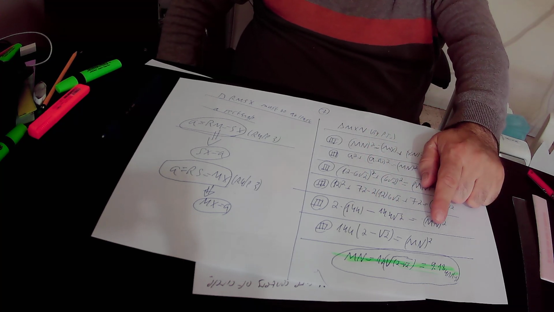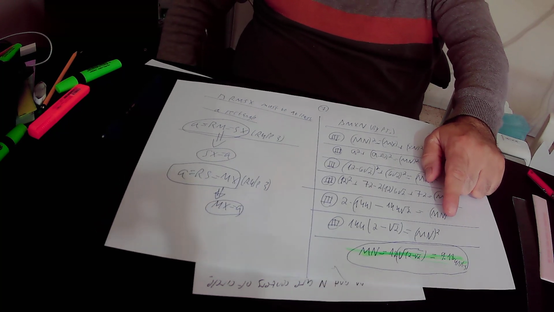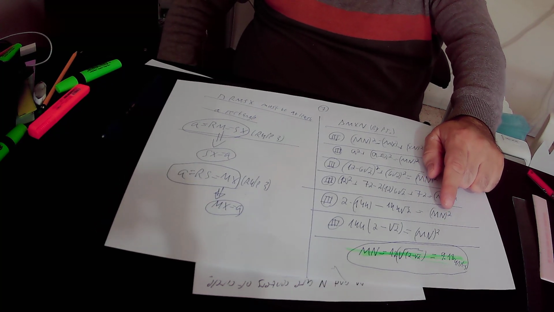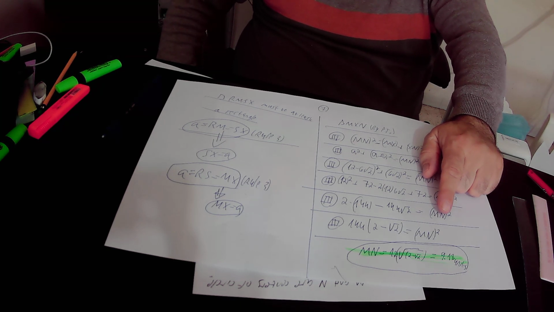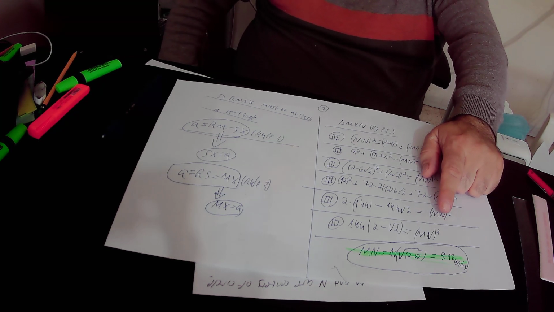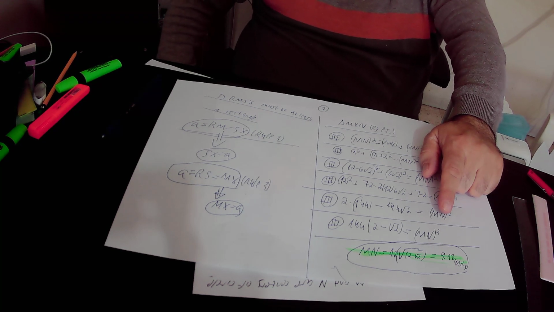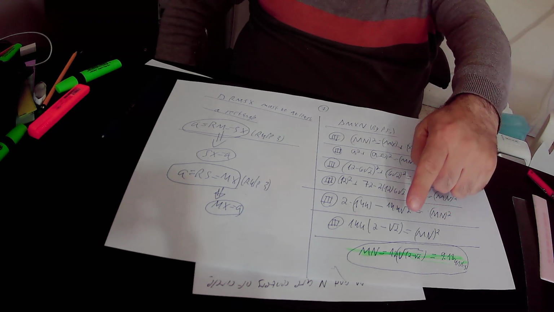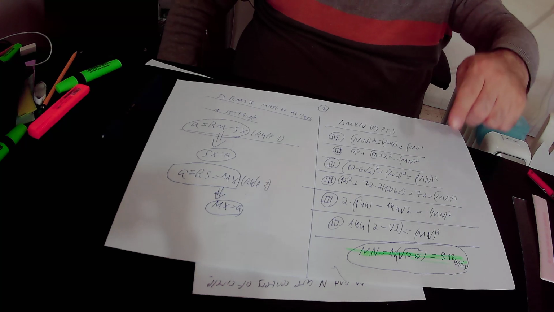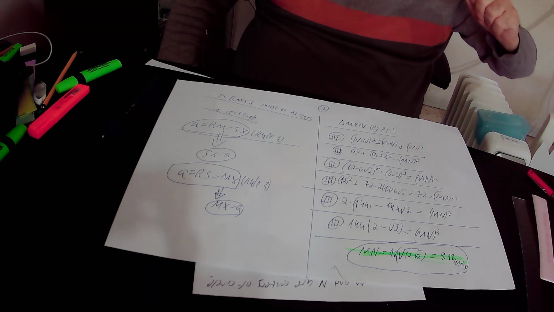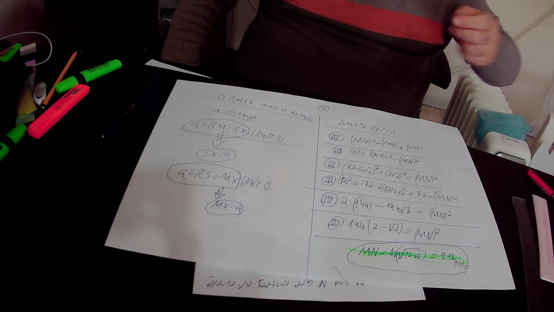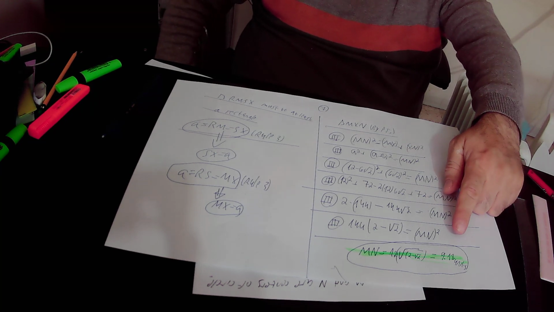We took the root of equation number 3, and we found that MN, the distance between the centers of the semicircle and the circle, is equal to the square root of 144, that is 12, times the square root of 2 minus square root of 2 units, or in terms of numbers, 9.18 units.